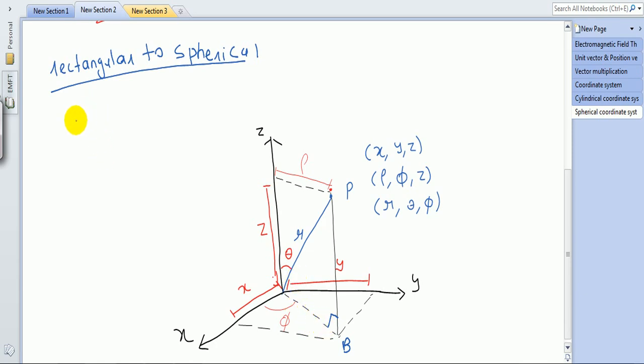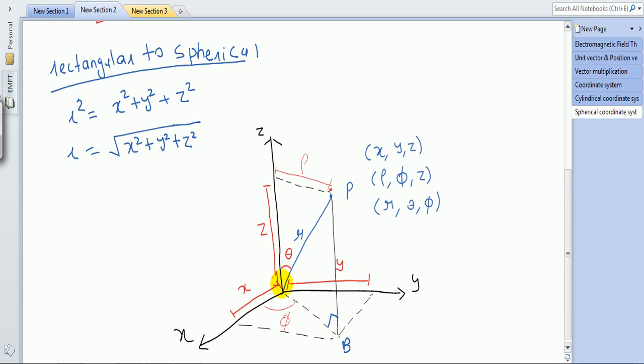So we can write r square will be equal to rho square, and rho square is nothing but x square plus y square, plus z square. So we can write r is equal to under root of x square plus y square plus z square. So this is how we can relate r in terms of x, y and z.